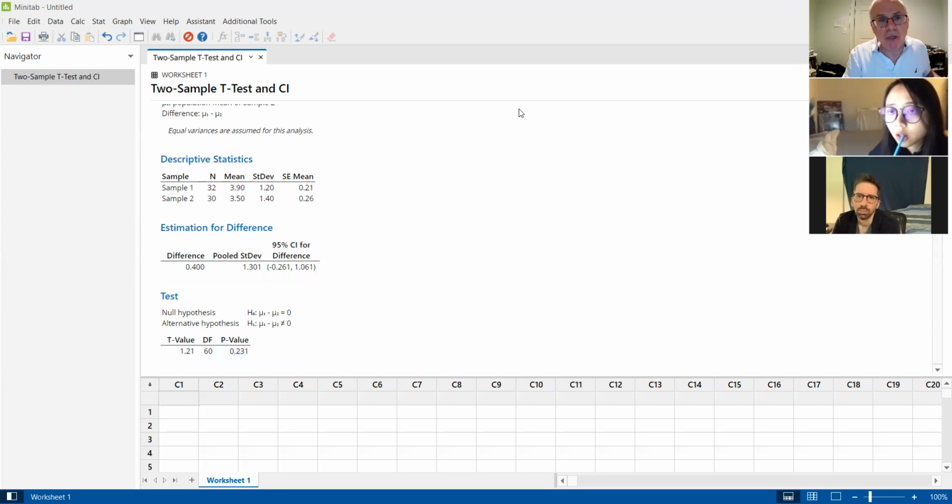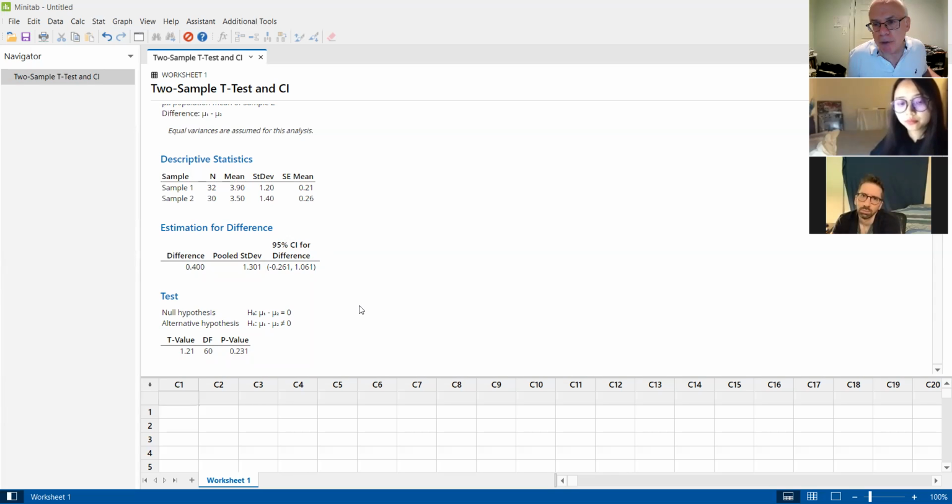So the conclusion is, if we use, let's say, 5% as a significance level, we would say at the 5% significance level, there is no difference. There's no evidence that there's any difference between seniors and sophomores in terms of number of hours they watch television last week.